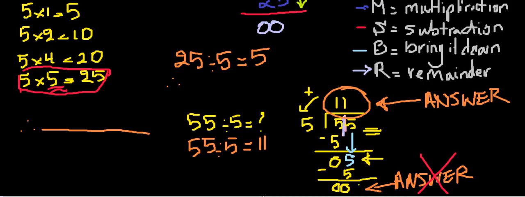Now, you also want to double check your answer. Just a reminder, multiplication and division, you could double check each other. So when you have a division, you could check it with multiplication. So take this number from division and take your answer, the quotient, and multiply them. So 5 times 11 and see if you get the total number, which is 55.